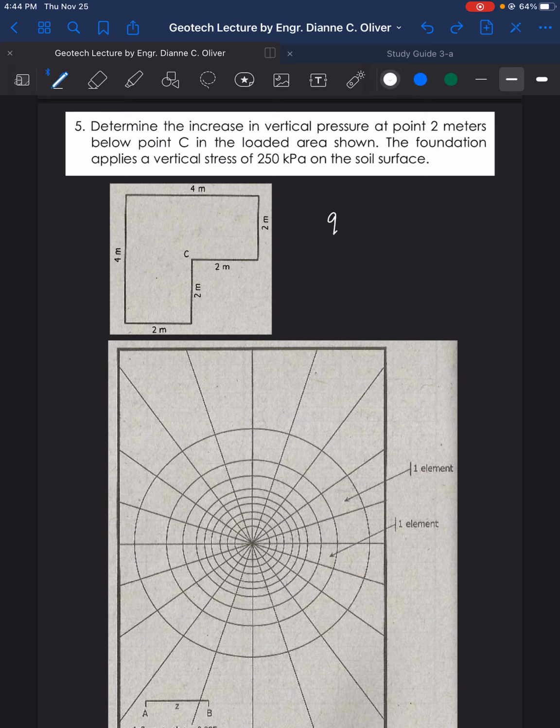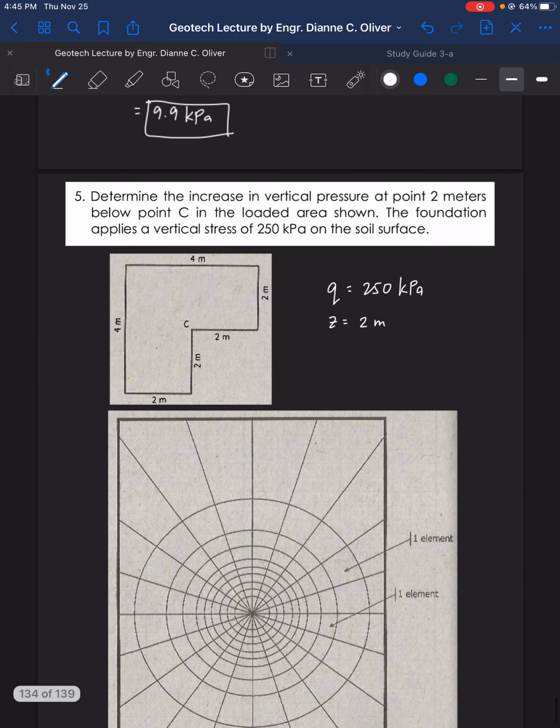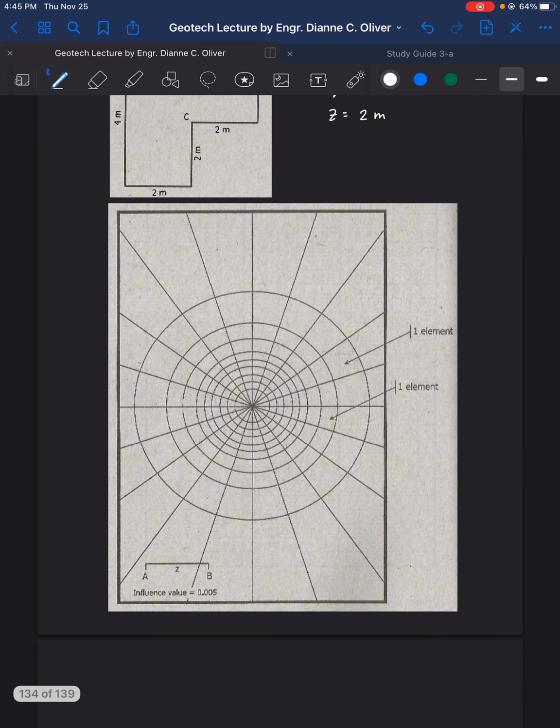So given Q is equal to 250 kPa. Z here is equal to 2 meters. Our scale for A to B is 2 meters.